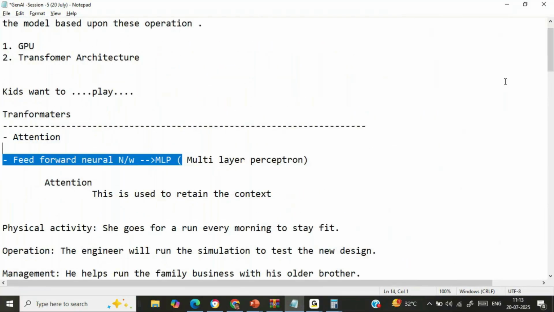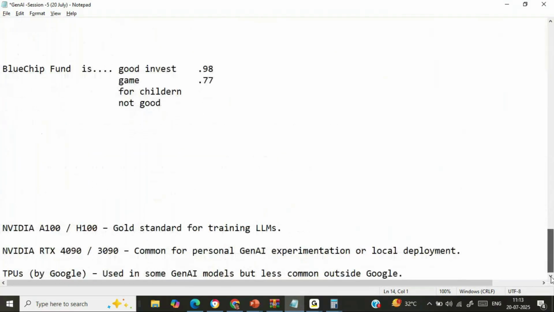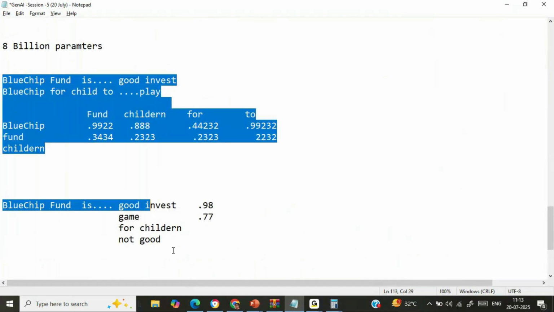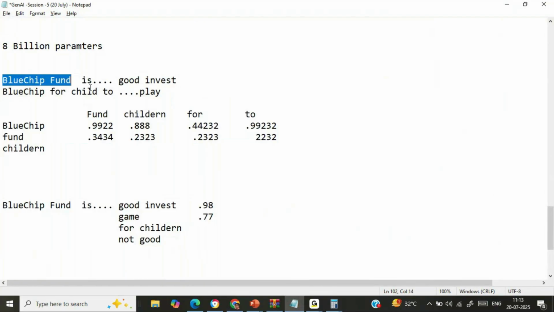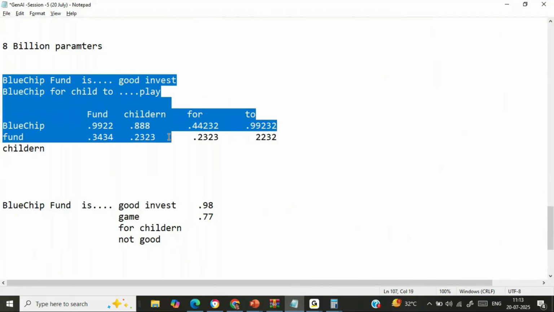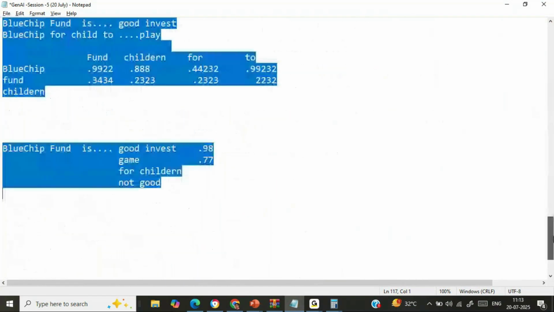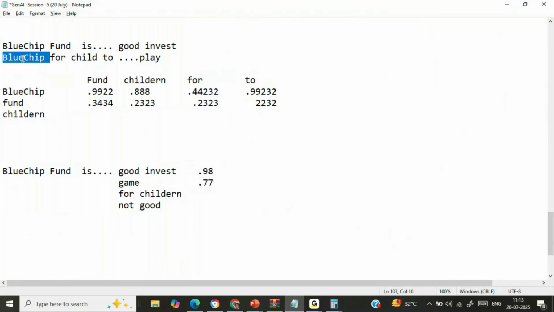So retaining the context: blue chip over here can have different meanings, but it is the task of the attention mechanism to retain the context and provide you the correct outcome. That's why there are two layers, the attention mechanism and the MLP, which vet this particular outcome with respect to the external information we have.